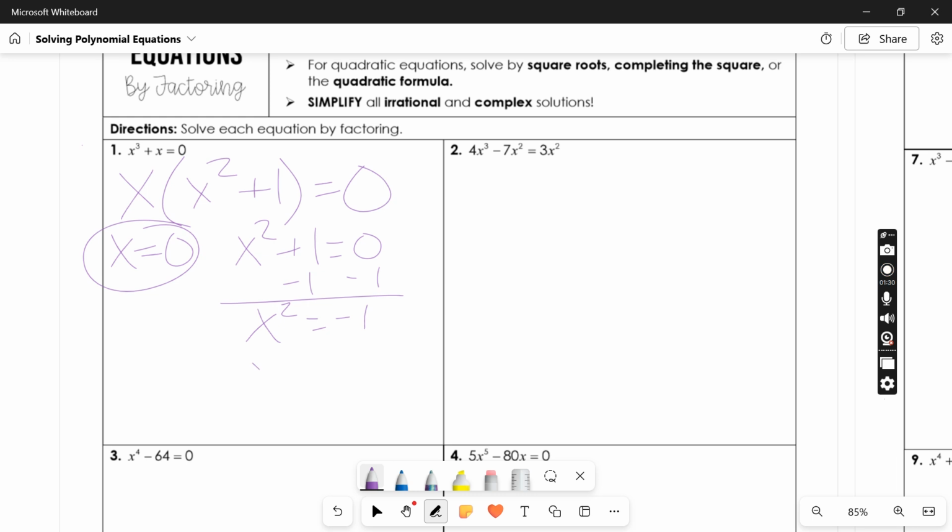And then to undo squaring, I'm going to square root. Since I'm square rooting a negative, it means I'll have an i in my answer. 1 is one of our perfect squares, and the square root of 1 is just 1, so this will be plus or minus i. And you can write 1i if you want, but you don't have to. So those are our answers. x equals 0, x equals positive and negative i.